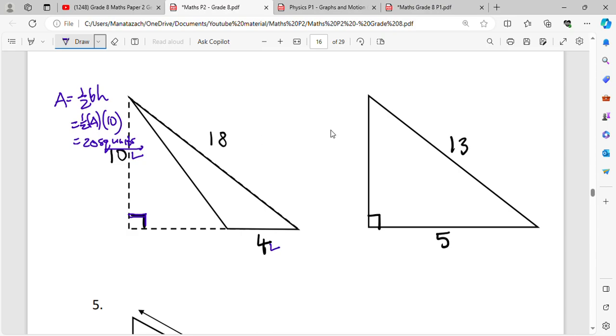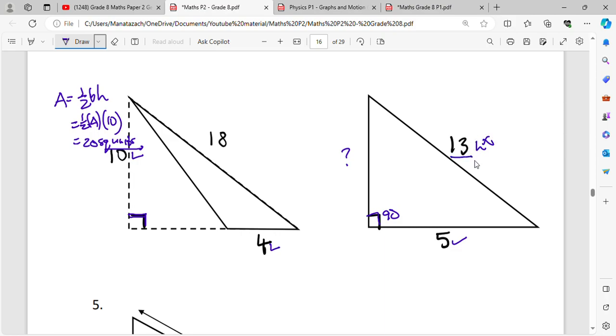And then for this triangle, we have the base, we have 90 degrees, and you don't have the height. Remember, don't fall into the trap of saying this is the height. This is not the height, right?